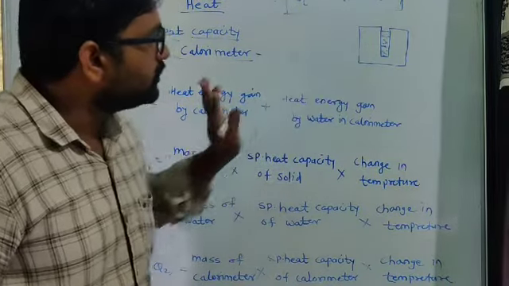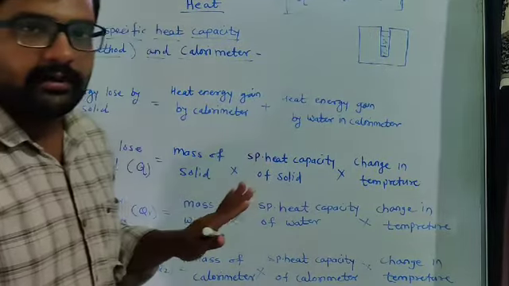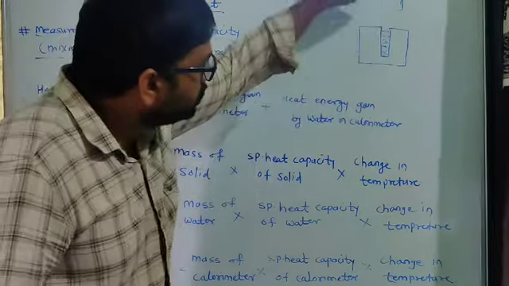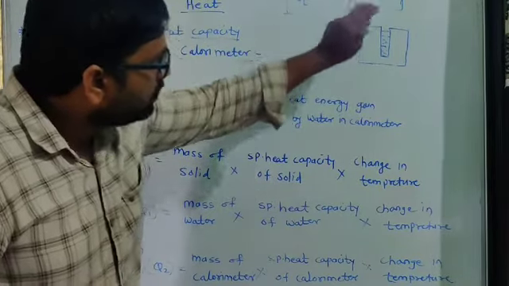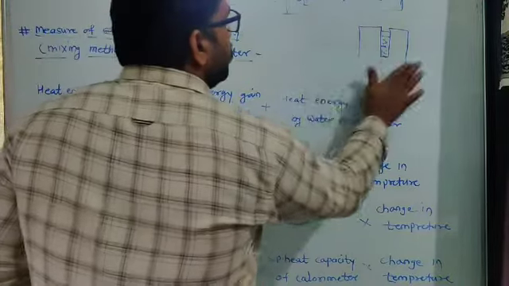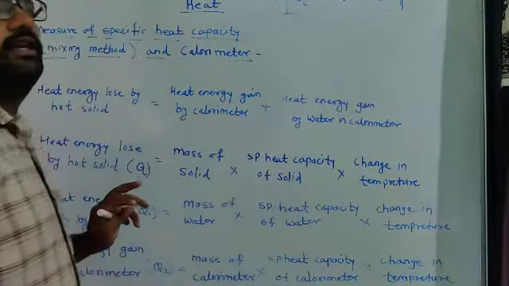Here in the middle water is there, this is the body of the calorimeter, and we just have to put a hot solid object in this water. By using this, we can calculate the specific heat capacity of the object.